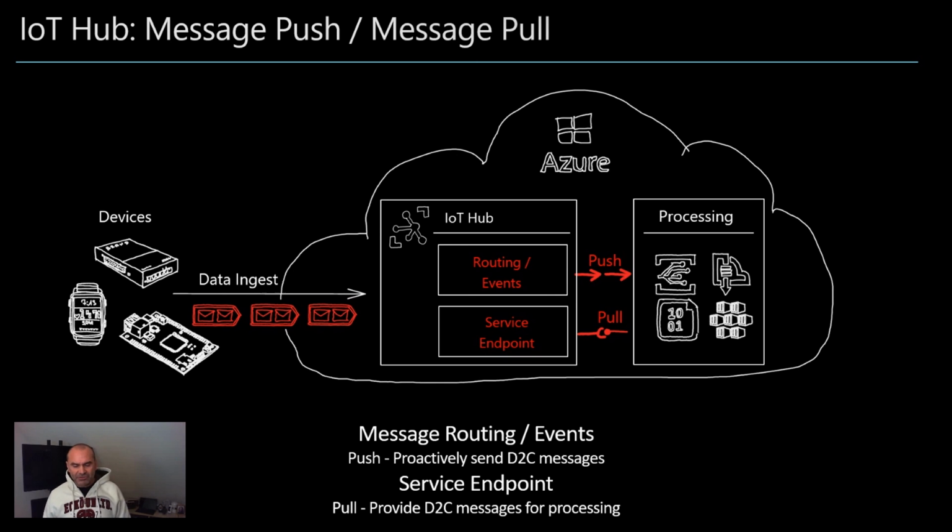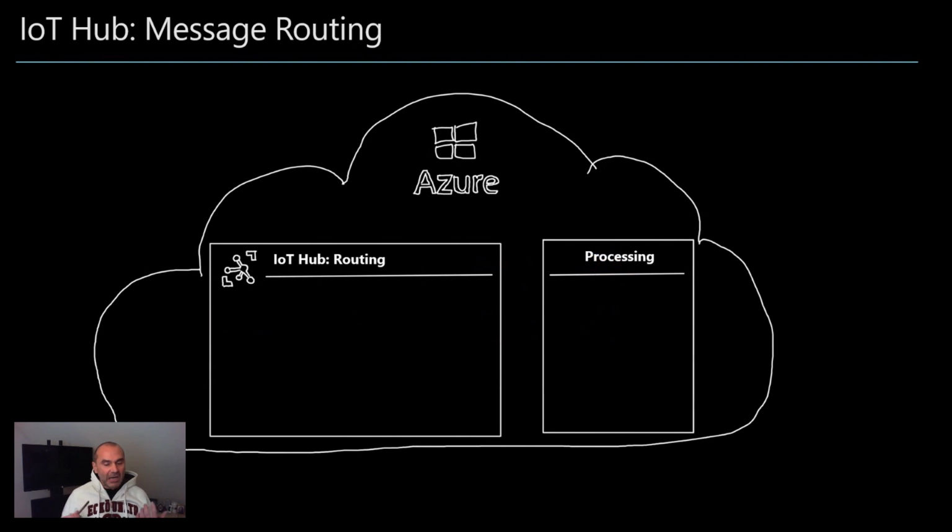And as you can see on the screen, a service endpoint is just the other way around. A service endpoint provides the data inside of IoT Hub for other applications to pull it from IoT Hub. And in this session, we will definitely focus here on the push of the telemetry data from an IoT Hub to another service.